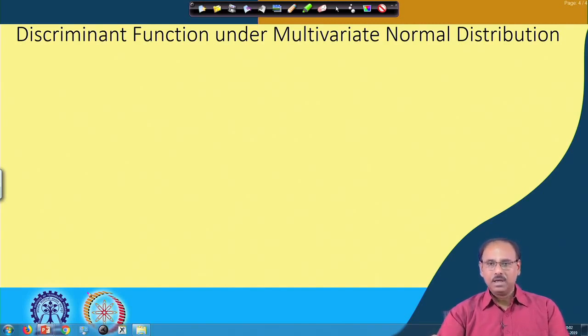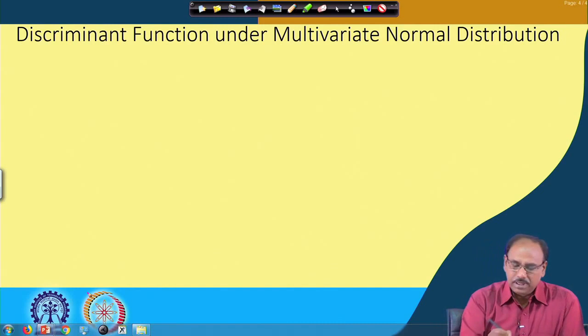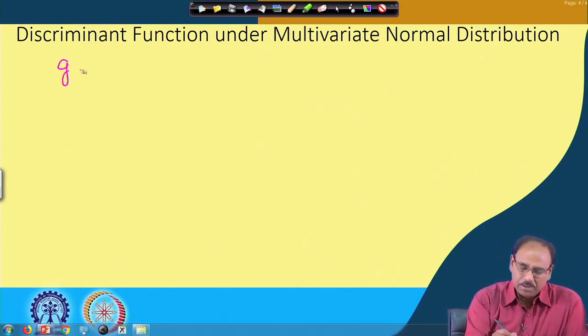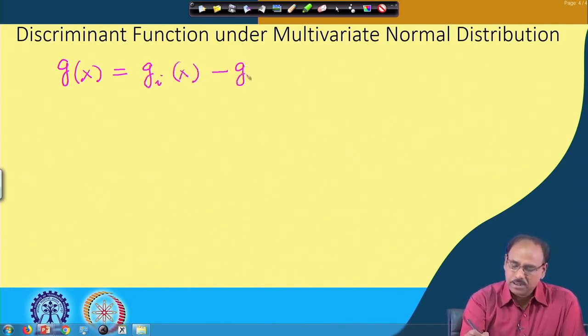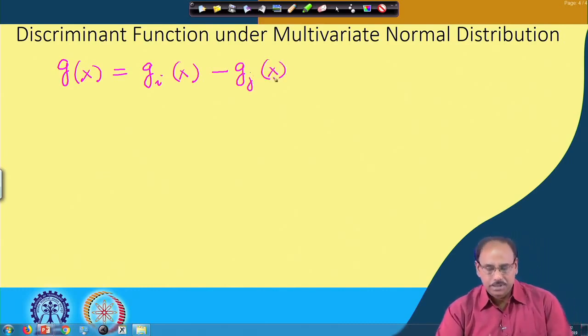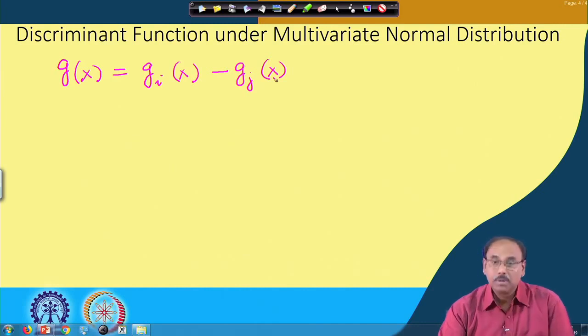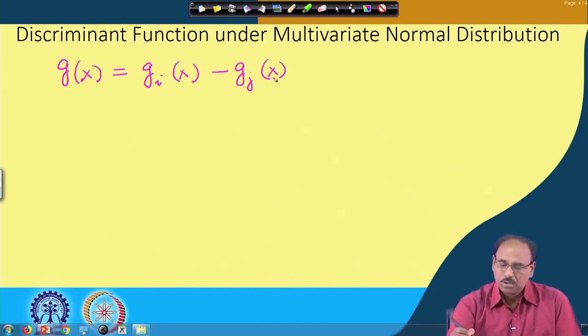So, I can find out an expression of the boundary which separates these 2 classes, and the expression of the boundary will be simply given by g x, which is nothing but g i x minus g j x, because on the boundary g i x and g j x both of them will be equal. So, this has to be equal to 0.